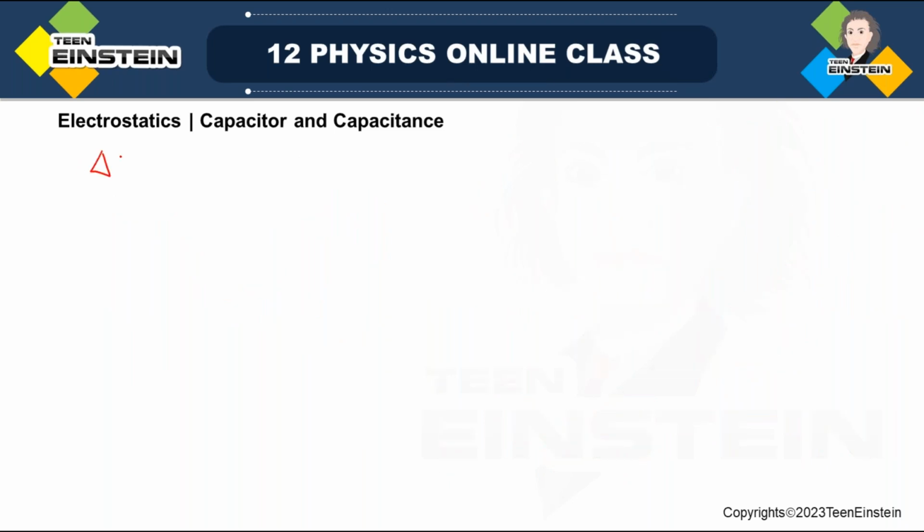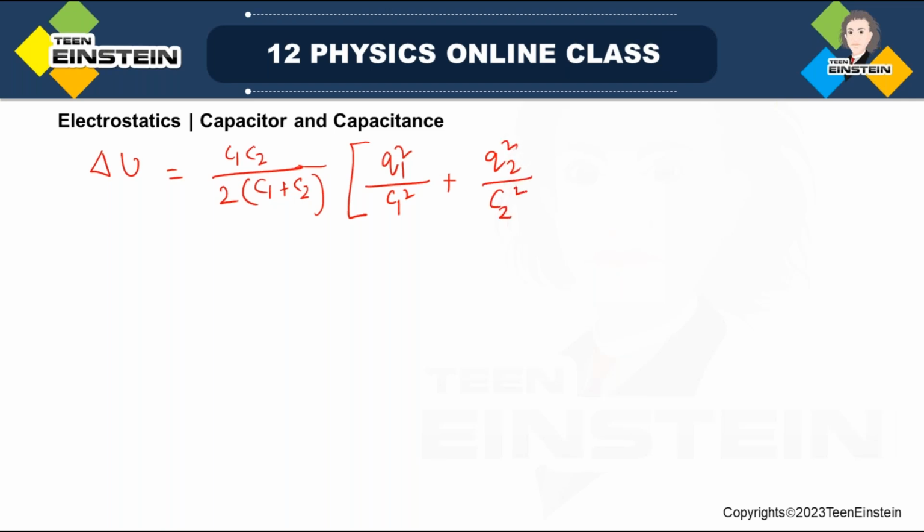So delta U is becoming C1 C2 divided by 2 into C1 plus C2, times Q1 square by C1 square plus Q2 square divided by C2 square minus 2 Q1 Q2 divided by C1 C2.